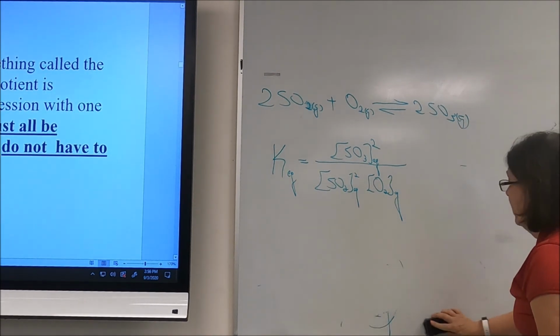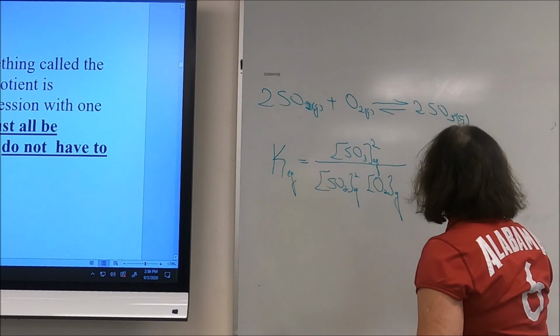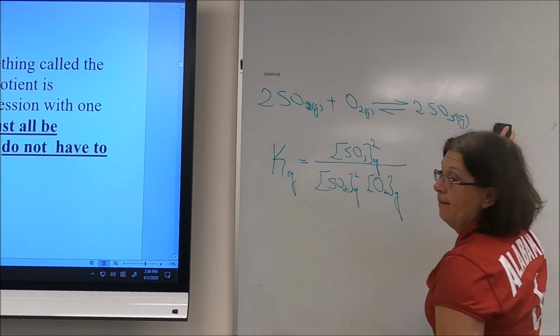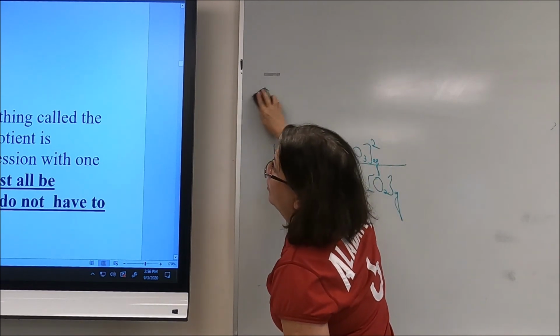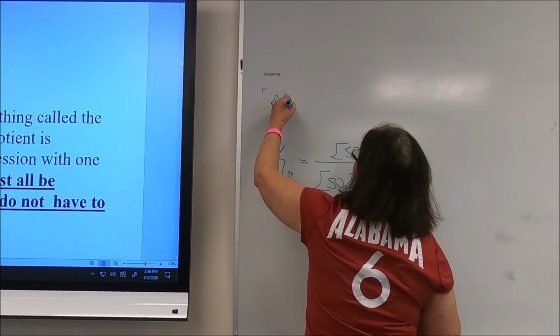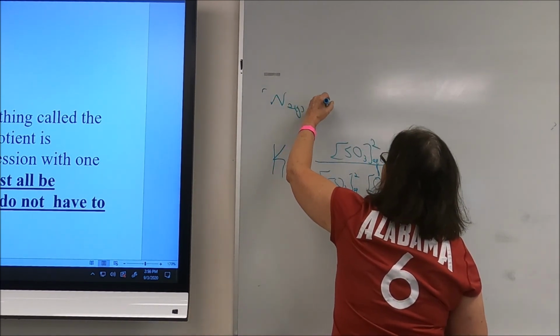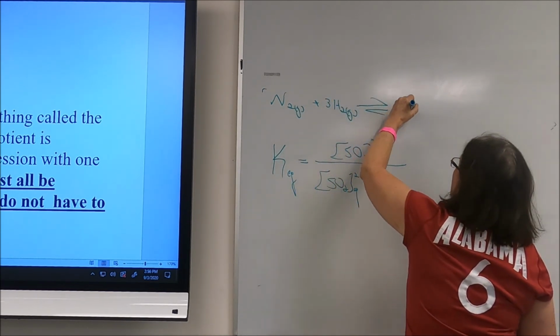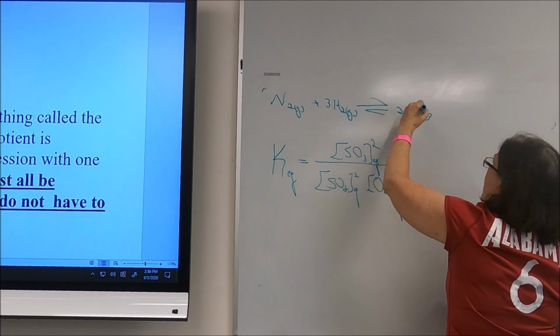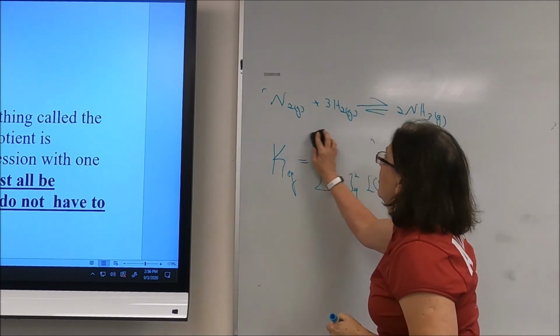Okay? The other reaction that I have here as an example for you guys to look at, okay, make sure you got it, is the reaction between nitrogen gas plus hydrogen in the gas phase going to ammonia in the gas phase.